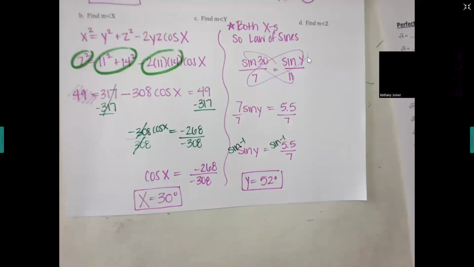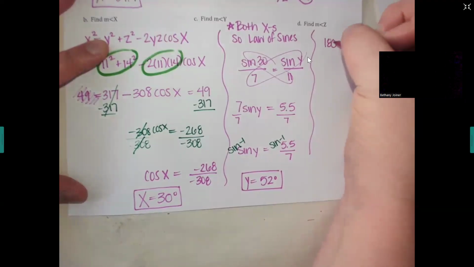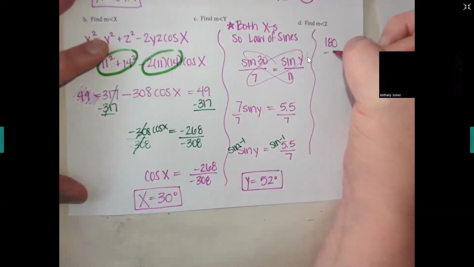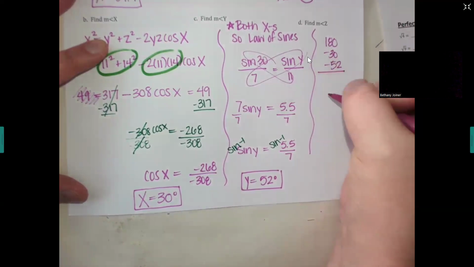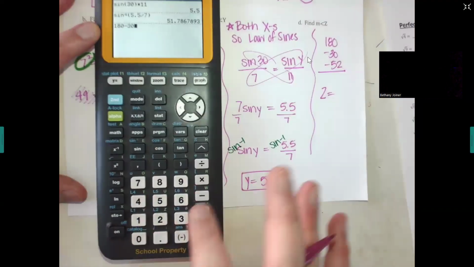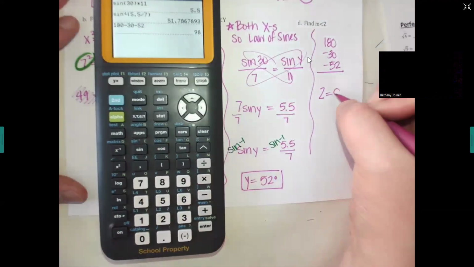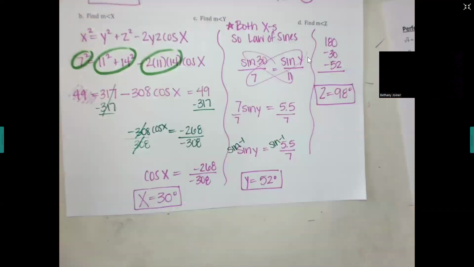So if I know there's a 30 and a 52, I can just minus those out of 180. That'll tell me what the last angle is. Okay, very good. So I'm going to put 180 minus 30 minus 52. And that tells me that z equals, yes, 90.